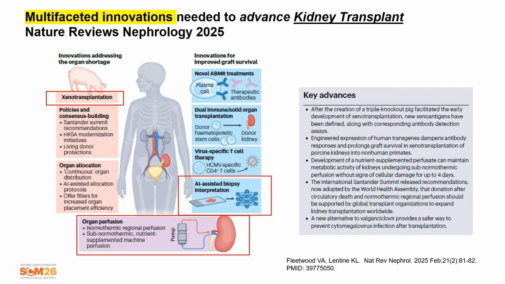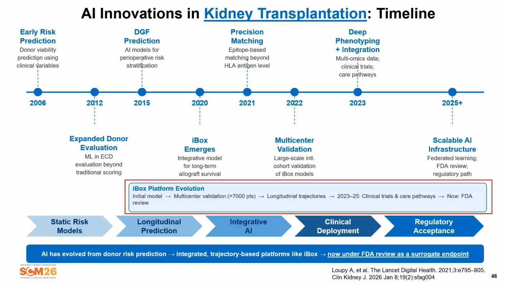This multifaceted innovation is likely going to help make our kidney transplant outcomes better. The organ perfusions are also improving when we get the kidney transplant shipped to us. And also AI-assisted pathology interpretation as well.